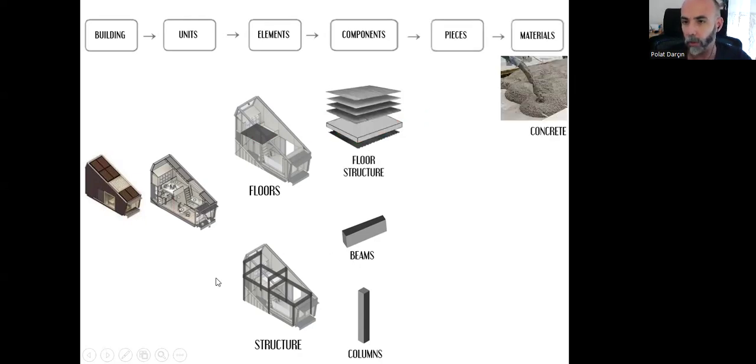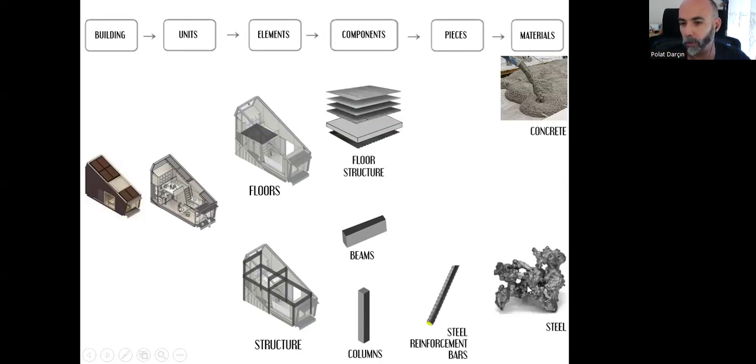And previously, we learned how we can create these components, the floor structure, beams, and columns out of concrete and steel. But first, we need to provide a certain shape for this iron material and convert them into steel reinforcement bars. And the combination of these reinforcement bars with the concrete will give us the reinforced concrete as a new material.